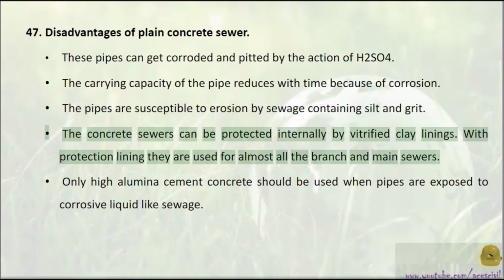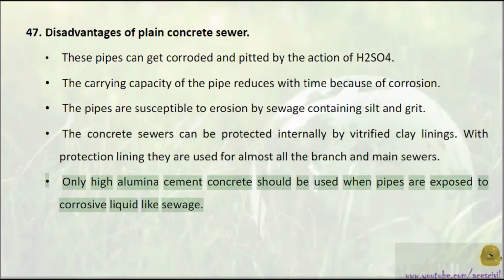The concrete sewers can be protected internally by vitrified clay linings. With protective lining they are used for almost all the branch and main sewers. Only high alumina cement concrete should be used when pipes are exposed to corrosive liquid like sewage.